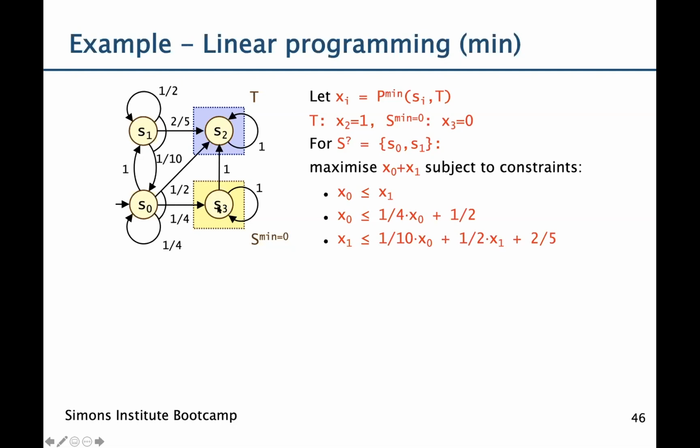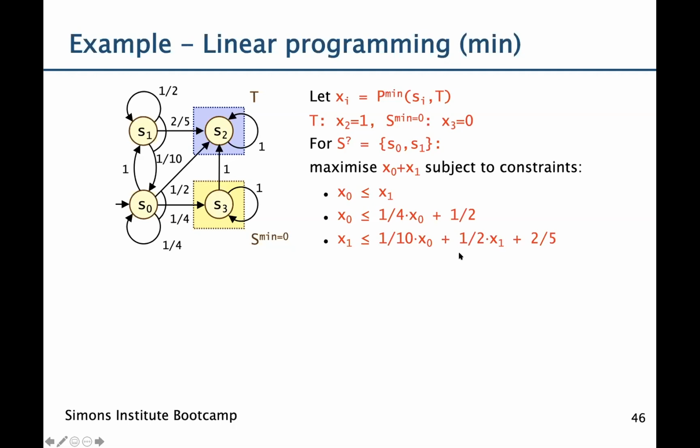This is 1 quarter times 0, so it isn't here, and this is 1/2 times 1, or 1/2. And then for state s1, for x1 we get 1/10 times x0, plus 1/2 times x1, and then 2/5 times 1 as we've reached the target.